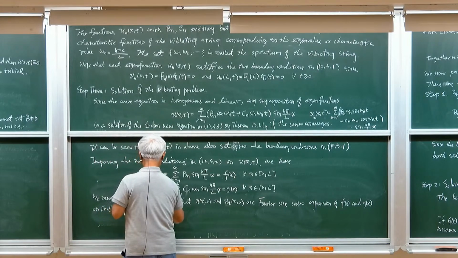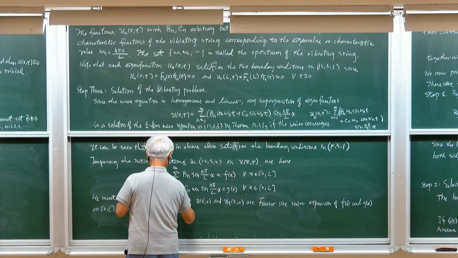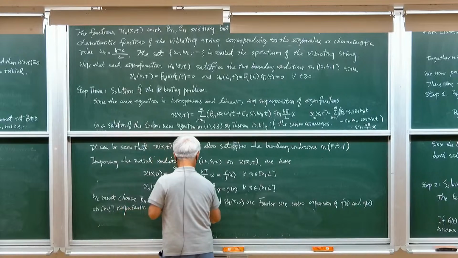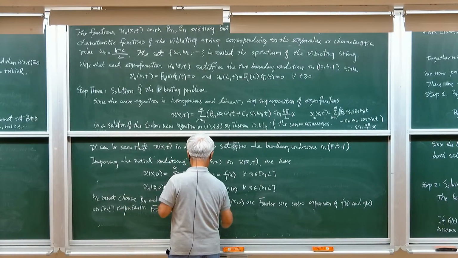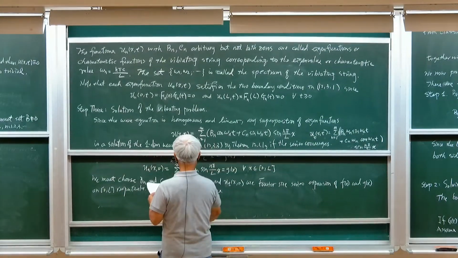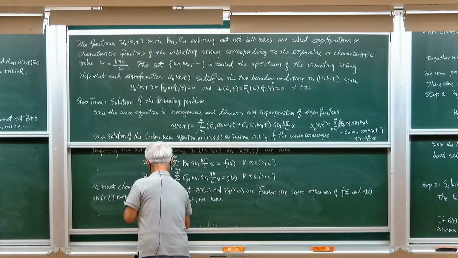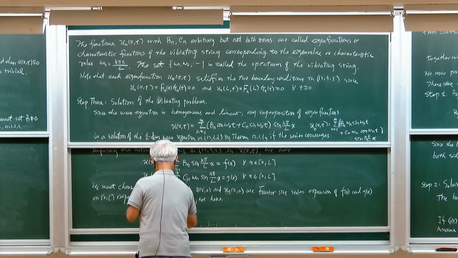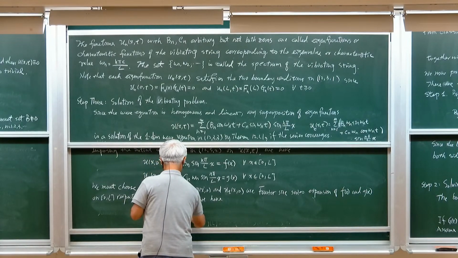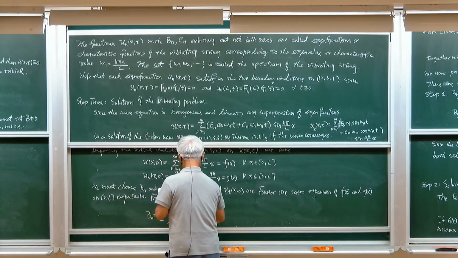From section 11.2, we have that Bn is equal to 2 divided by L, integral from 0 to L of f(x) sine(n pi x / L) dx.